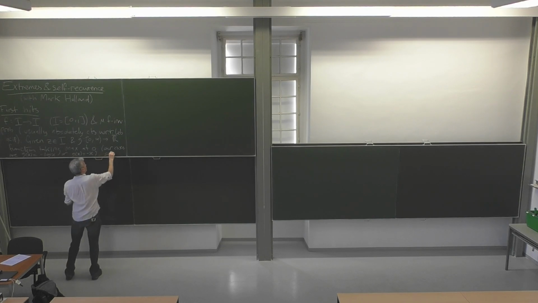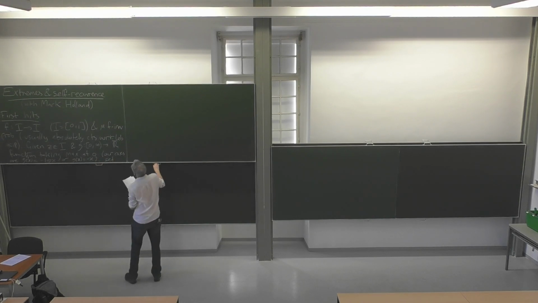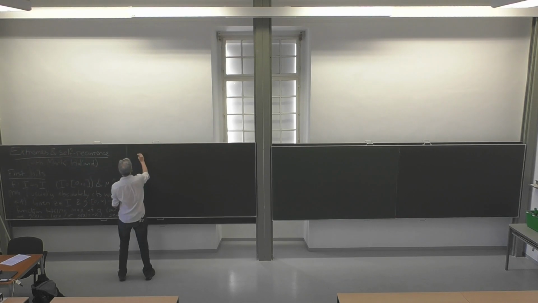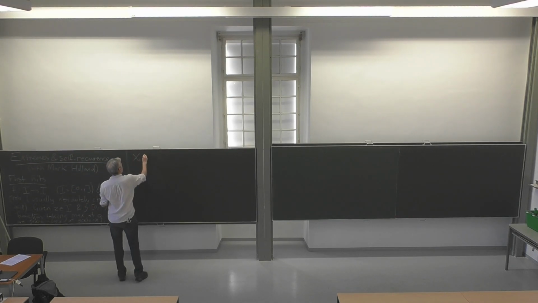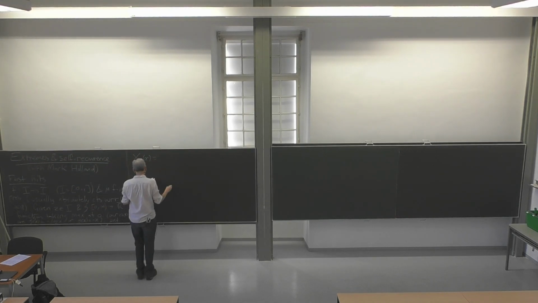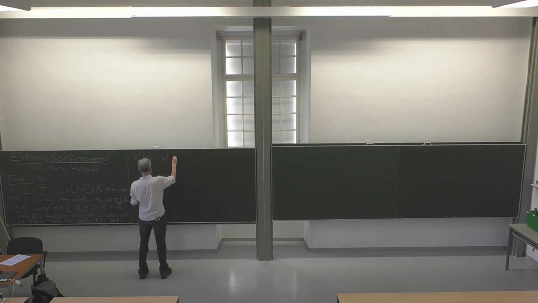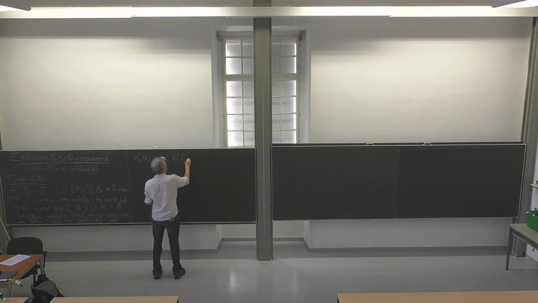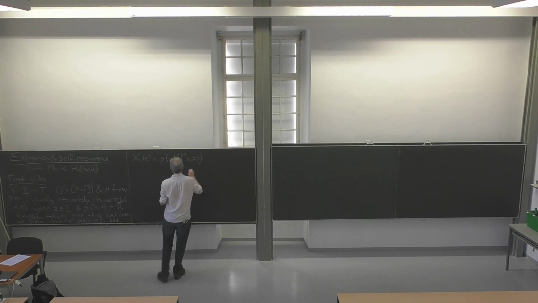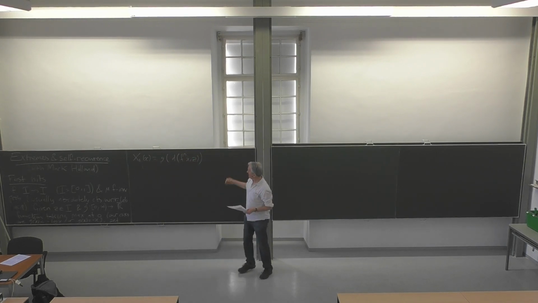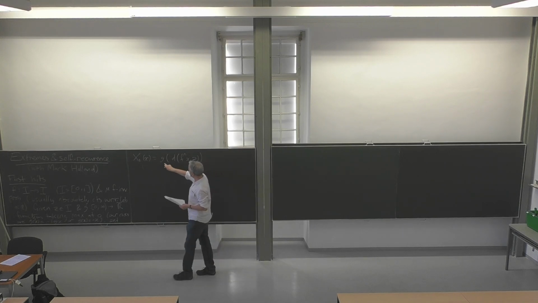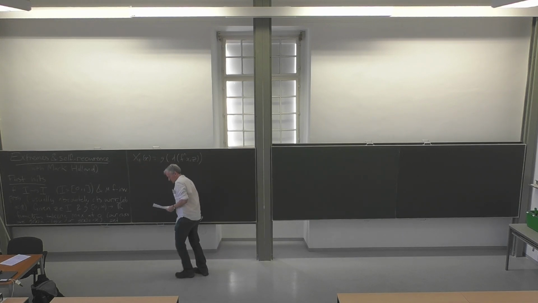Okay, so given that, I'm going to set X_n of x to be equal to g of the distance of f^n of x to z. So we're seeing, are we close to z? If we are, then X_n of x is very large.